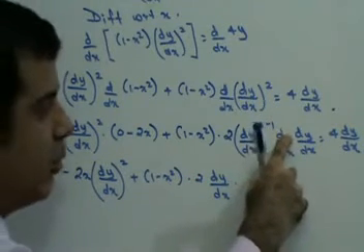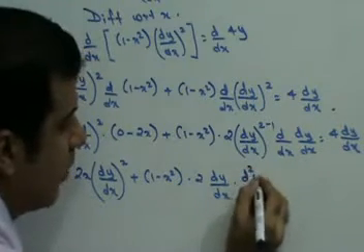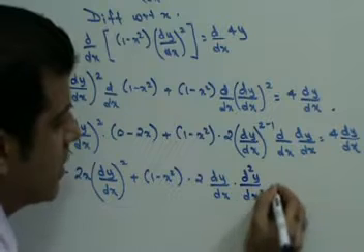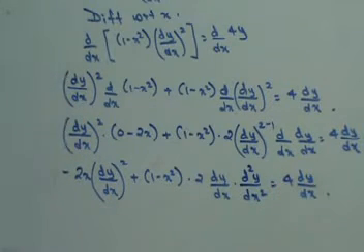As I explained to you in the previous sum, the derivative of dy/dx is d²y/dx², so this is 4 dy/dx.